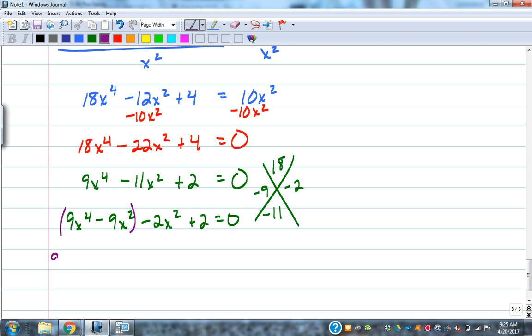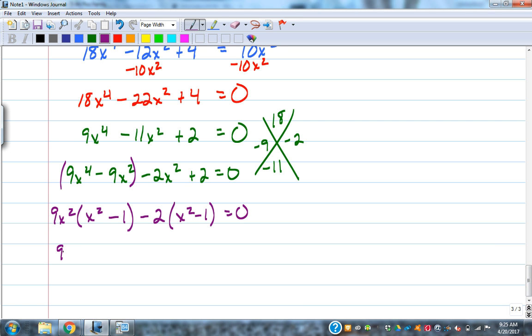Group that: 9x squared, parentheses, x squared minus 1, minus 2, x squared minus 1. And keep factoring, so that's 9x squared minus 2, and then x squared minus 1. What do we know about x squared minus 1? That's right, it's x plus 1 and x minus 1.